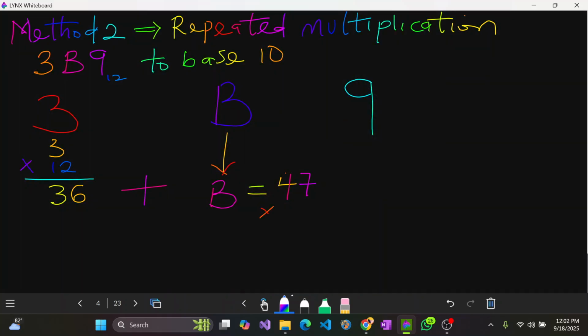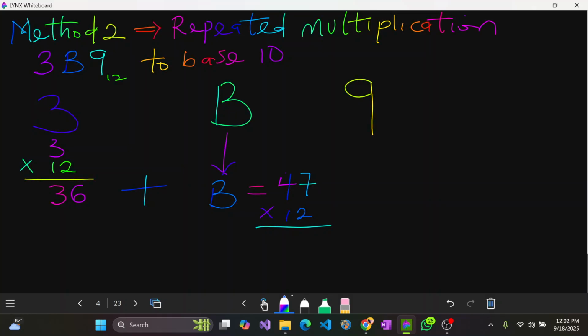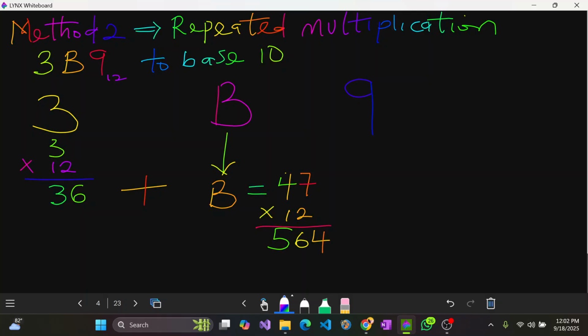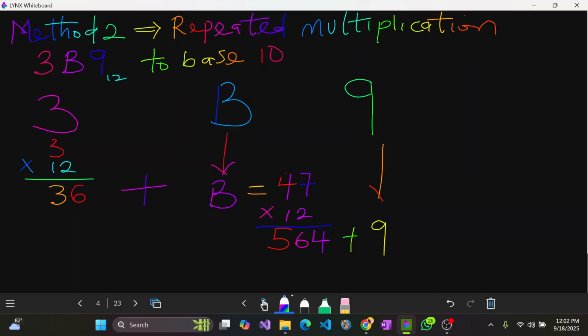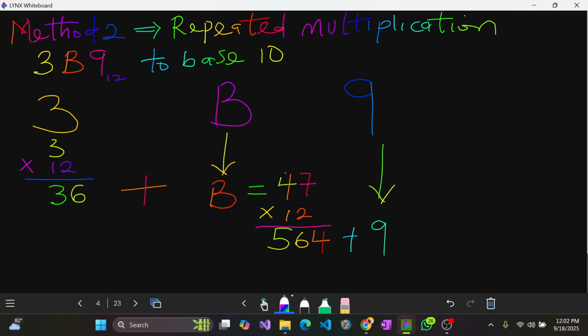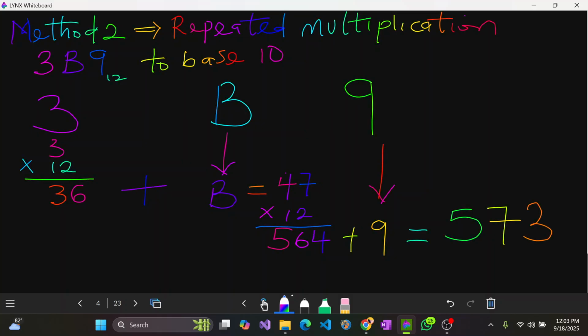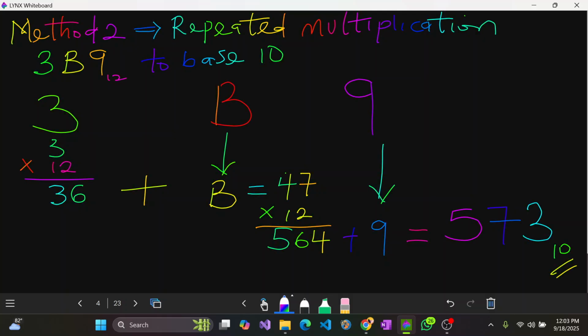When you do the multiplication, 47 multiplied by 12 gives us 564. Then again, you add the third number to it, which is 9. So 564 plus 9 gives us 573. You can see the final answer is 573 in base 10.